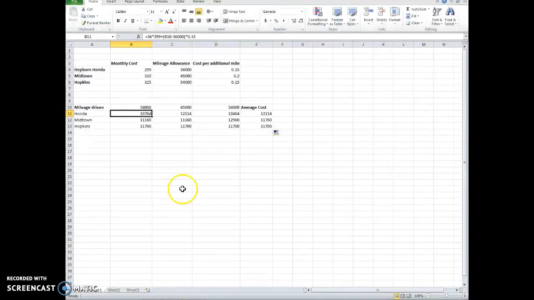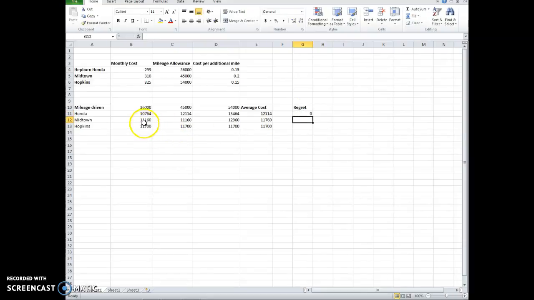And then the mini-max, what you need is you need a regret table. So let's see if we do a regret table. The regret is how much you would be losing in each of the scenarios. So you would have 3 regrets. So in essence, in the 36,000 mile case, the regret for Honda is 0 because it had the best.